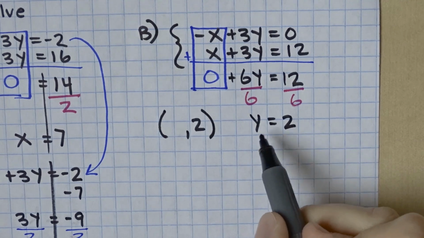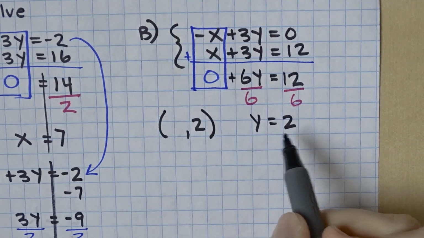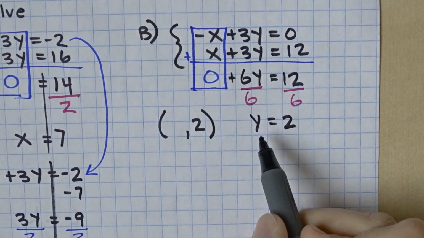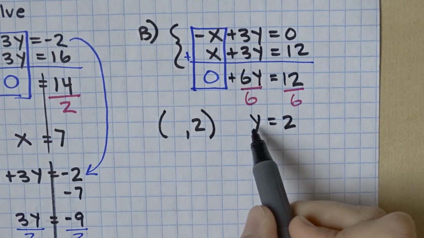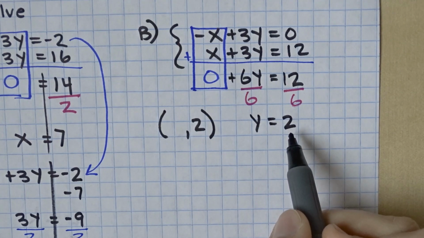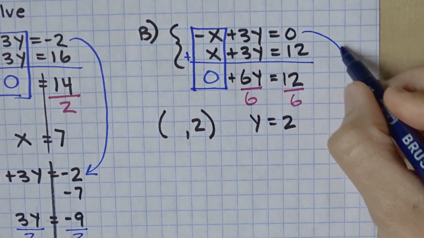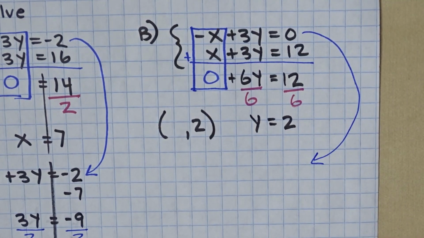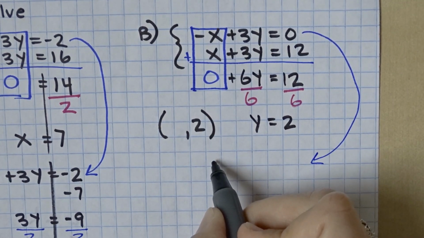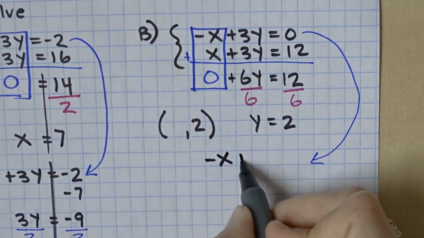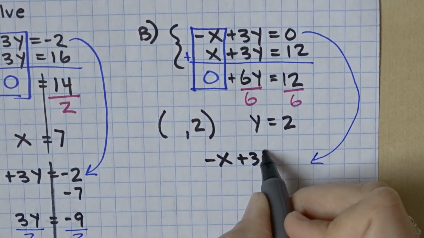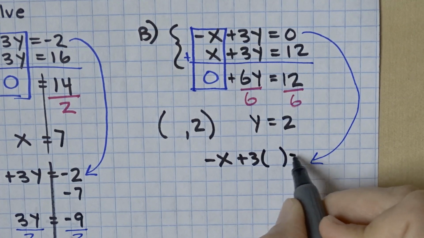And now that I know that y is equal to 2, I didn't like seeing the y in my equation because it had two variables. But if I can replace it with the 2, I won't get to see y anymore. So let's do that. And let's just pick the first one again. Doesn't matter which one. I'm going to take this one, and we'll use that one. So it'll be negative x plus 3y equals 0.